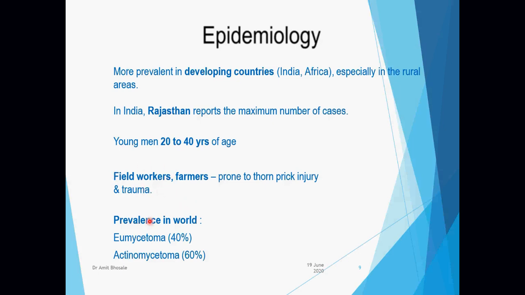Overall in the world, 60% of the cases are actinomycetoma caused by filamentous bacteria, while 40% are eumycetoma, purely because of fungus.